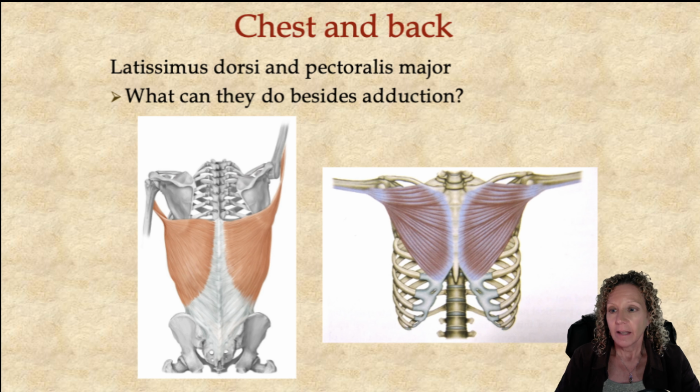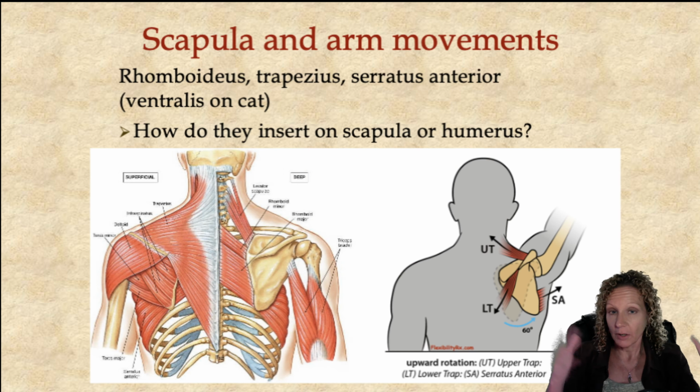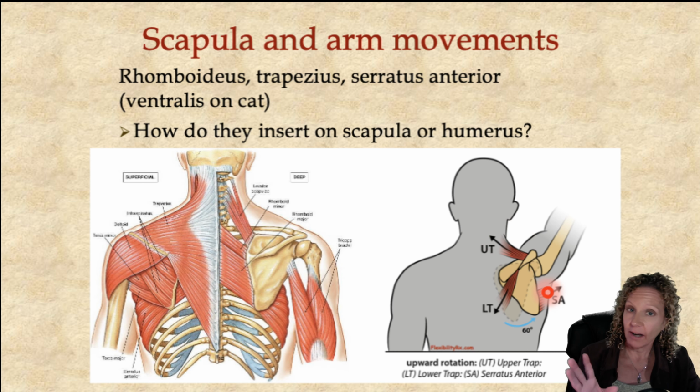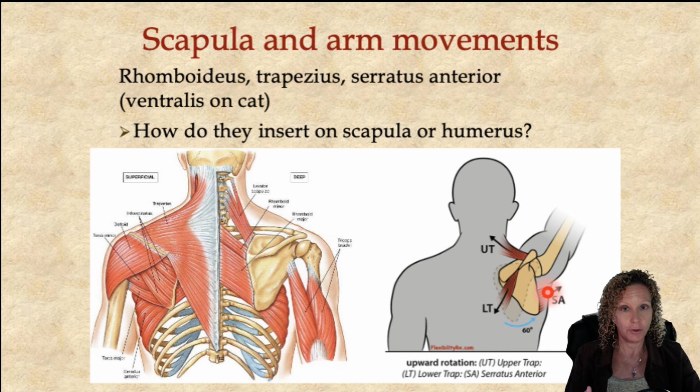And then taking a look, we looked at a whole set of muscles that attach to the scapula. But where on the scapula? We learned the serratus ventralis in a cat, which for a human, with us being upright, is the same muscle, serratus anterior, because that's anterior, not ventral, for us.